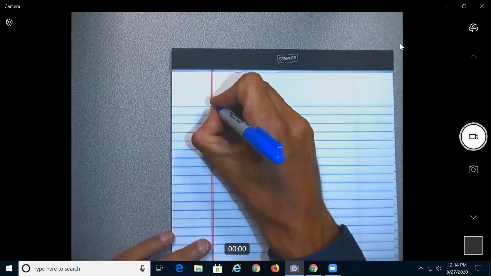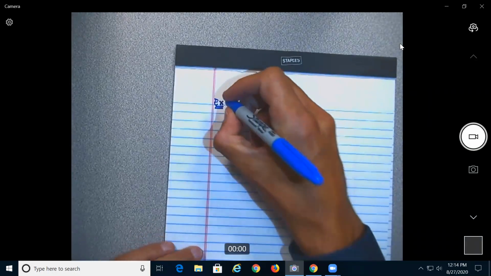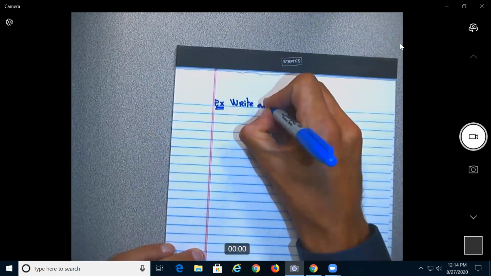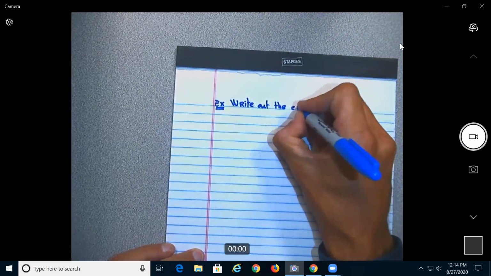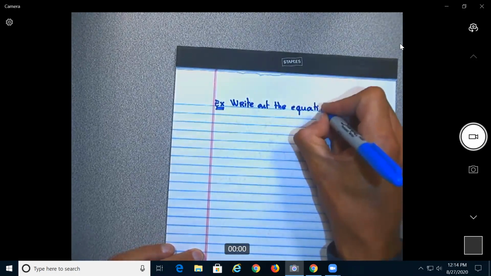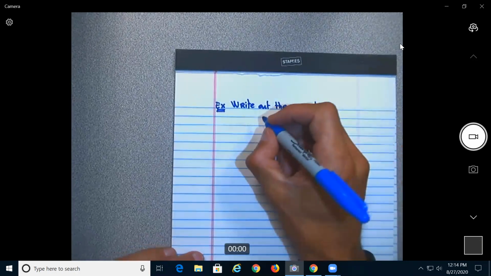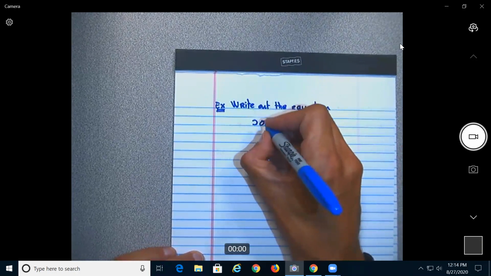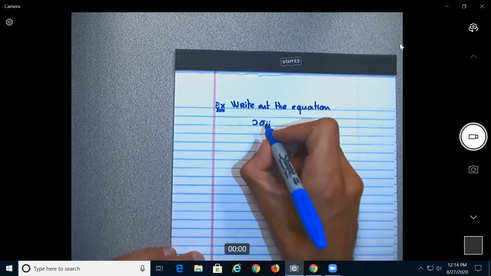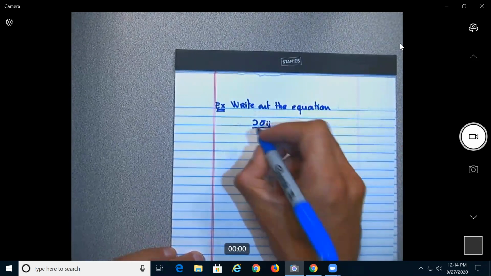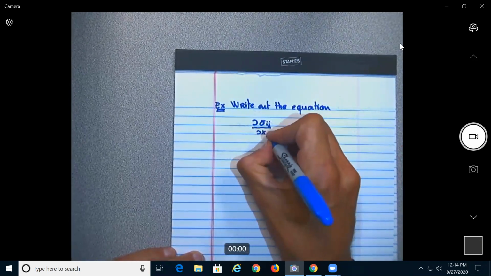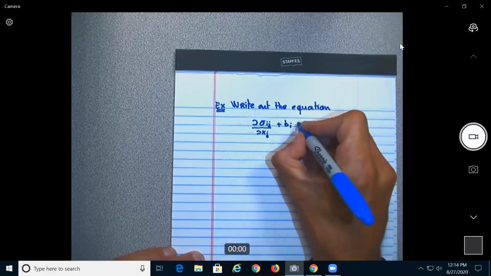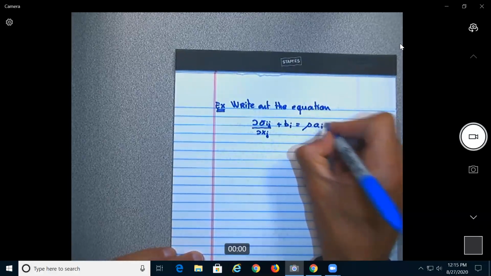So for example, write out the equation: partial derivative of sigma ij with respect to x j, plus b sub i, equal rho a sub i.